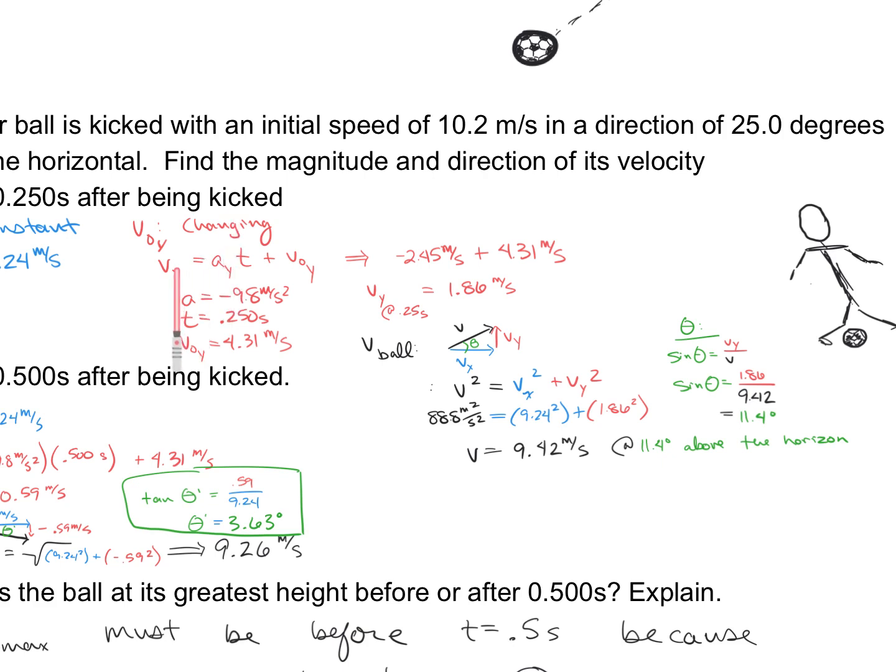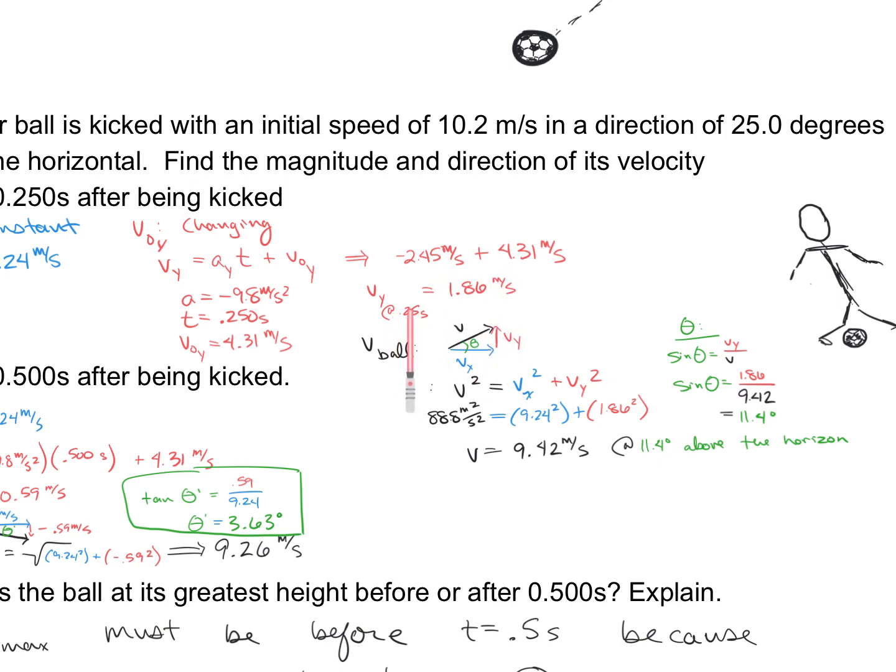All right, now at a certain instant, you can determine its velocity if you know the acceleration, the time, and the initial velocity. And this is where the sign starts to really matter because the acceleration is down, but the initial velocity was up. So if you substitute and solve, you get a velocity in the y direction at 0.25 seconds of 1.86 meters per second.